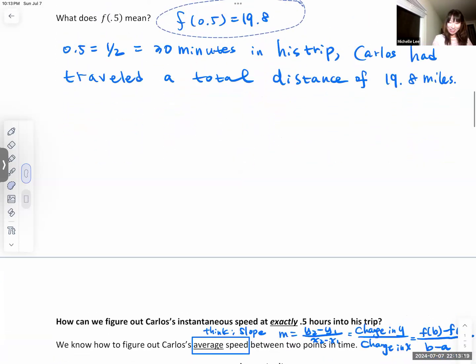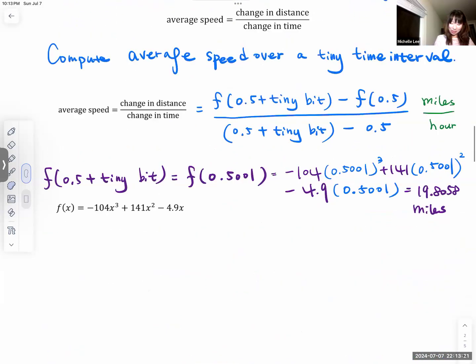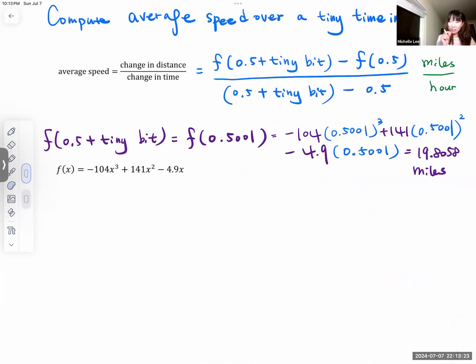You win. Oh, f of 0.5 was 19.8. So let's do it.